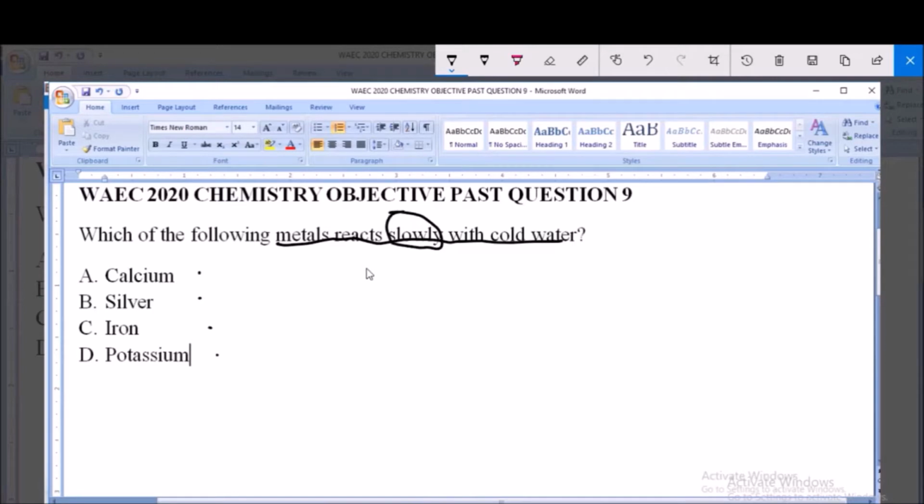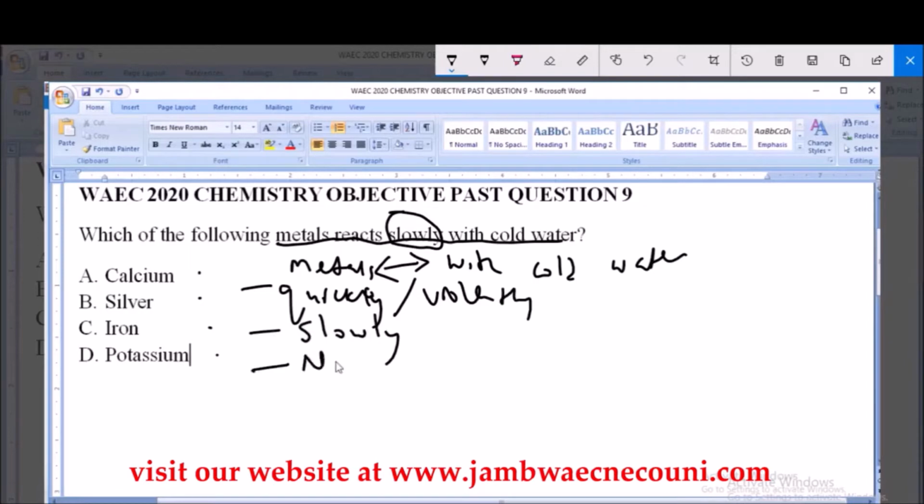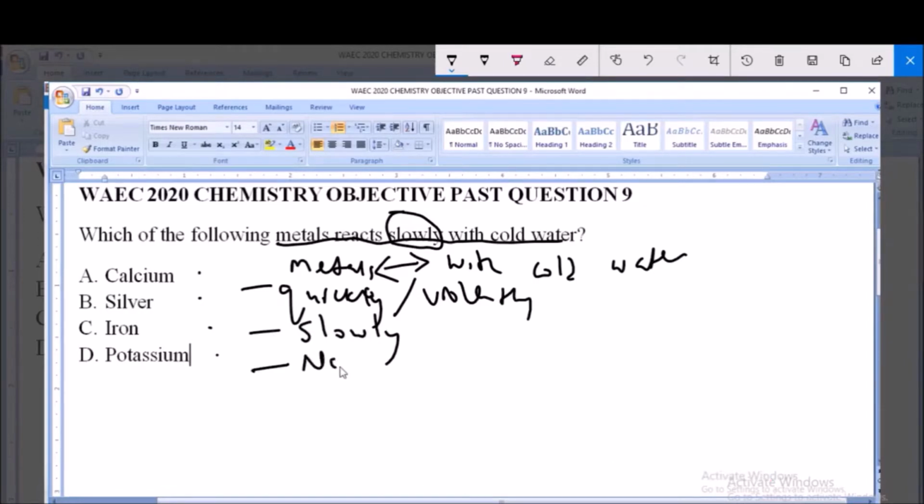So different metals have different ways in which they react with cold water. There are three ways in which metals can react with cold water. Metals could react quickly or violently with cold water, they could react slowly, or they could show no reaction. So these are the three likely scenarios.